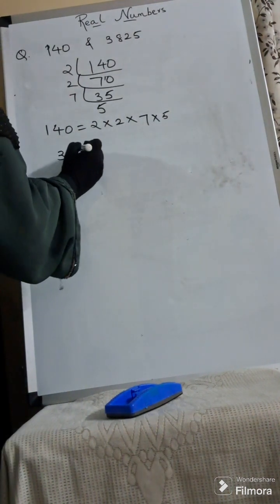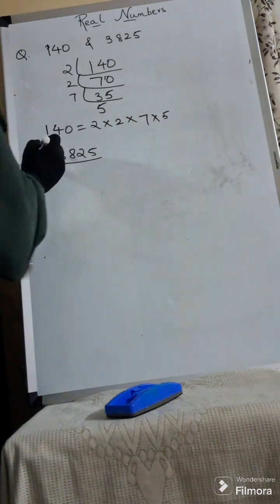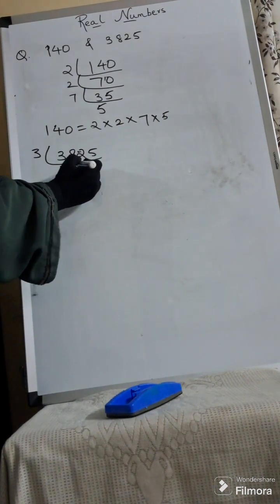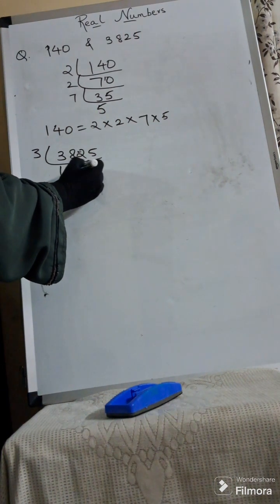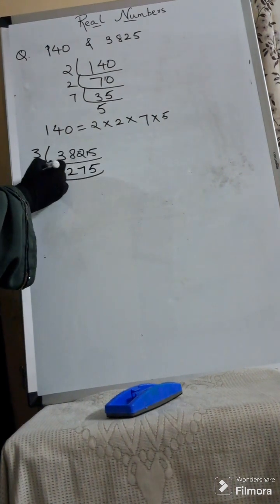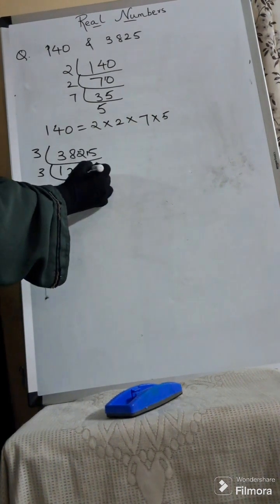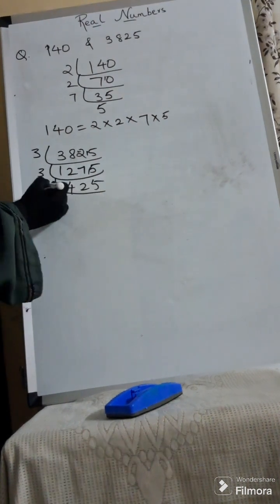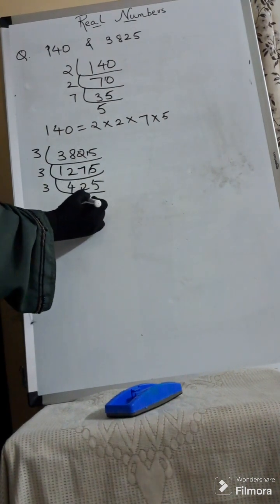And 3825. Taking the LCM of 3825: 3 1s are 3, 3 2s are 6. Again 3 8s are 24, 3 7s are 21, 3 5s are 15, right? And next 3 4s are 12, 3 2s are 6, 3 5s are 15. Again 3 1s are 3, 3 4s are 12.